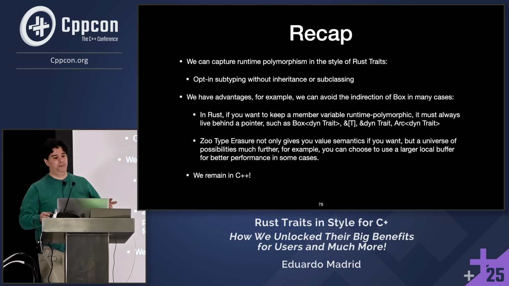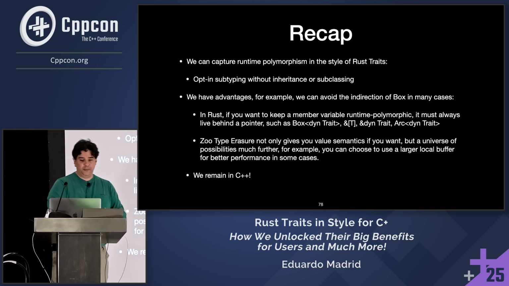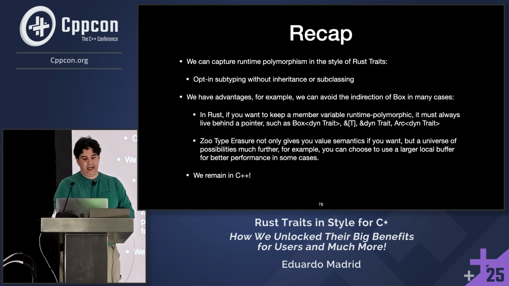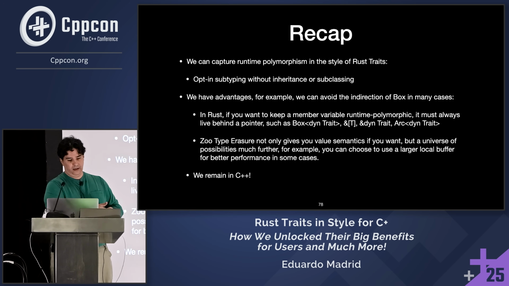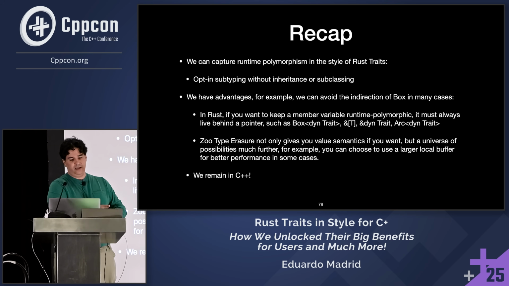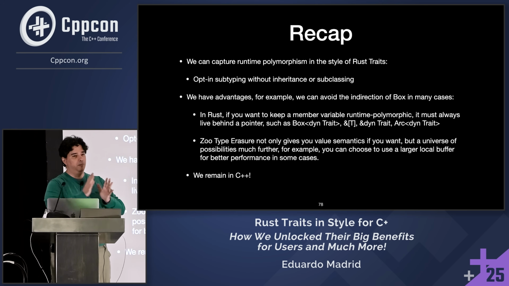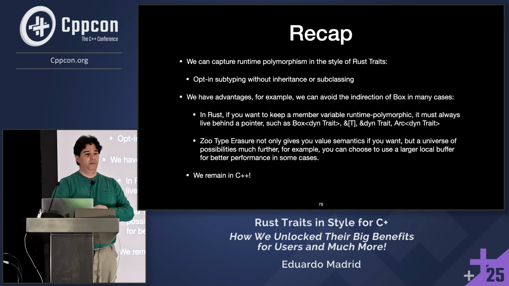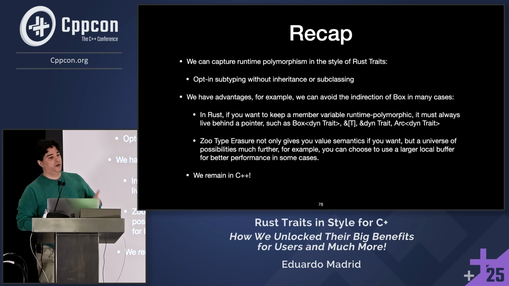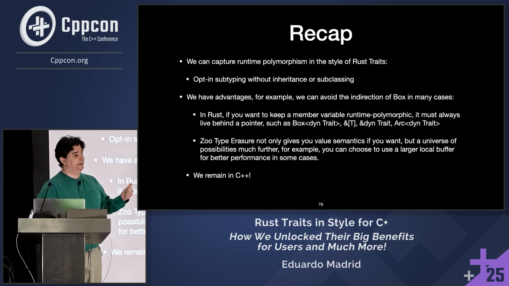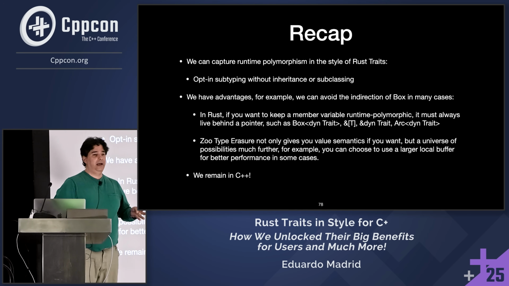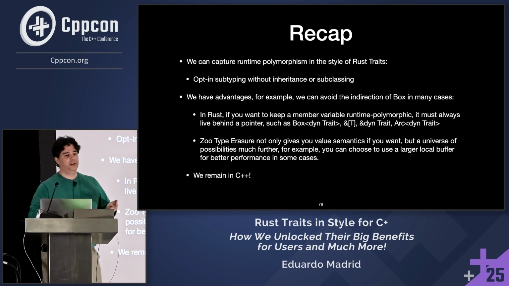So we can recap. We can capture runtime polymorphism, in the style of Rust traits. We have succeeded at making it opt-in subtyping without inheritance or subclassing. We have completely sidestepped all of the problems, but we have advantages. You saw, for example, that in my framework, it is absolutely transparent to the user.